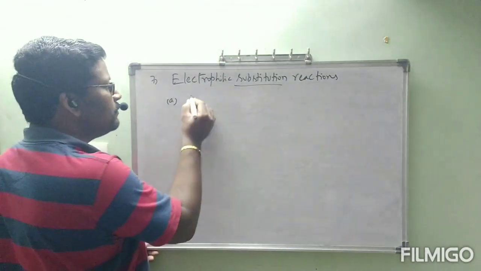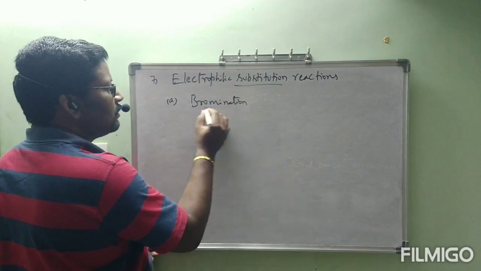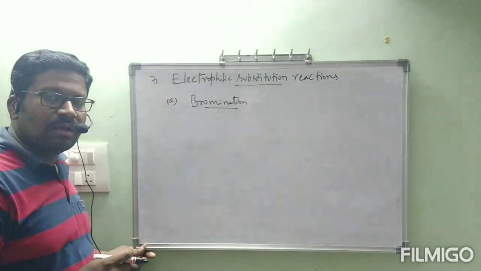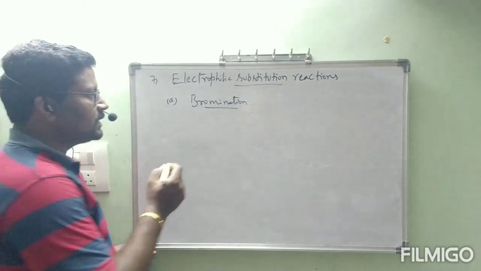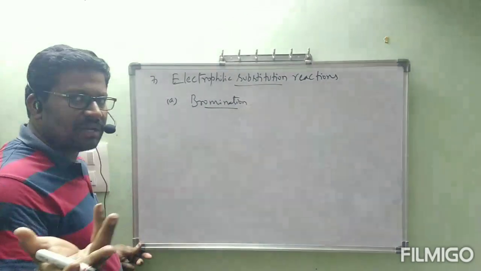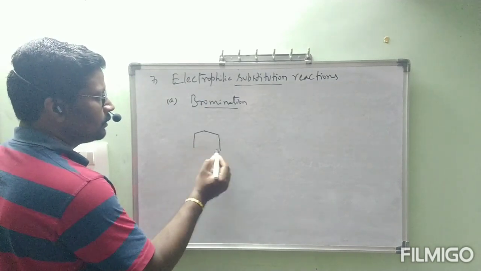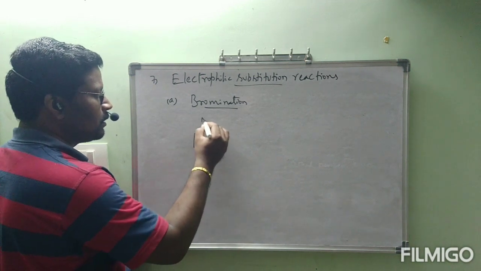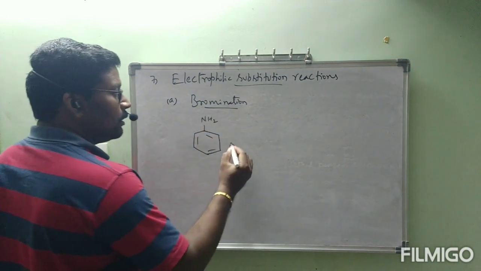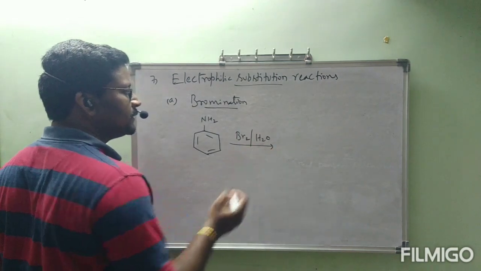That is bromination. This bromination is under halogenation, ma? Under that, bromine we are going to introduce, Br plus we are going to introduce. Okay, let us see. Let us consider aromatic amine, very familiar aromatic amine, that is aniline. This aniline reacts with Br2 in water.